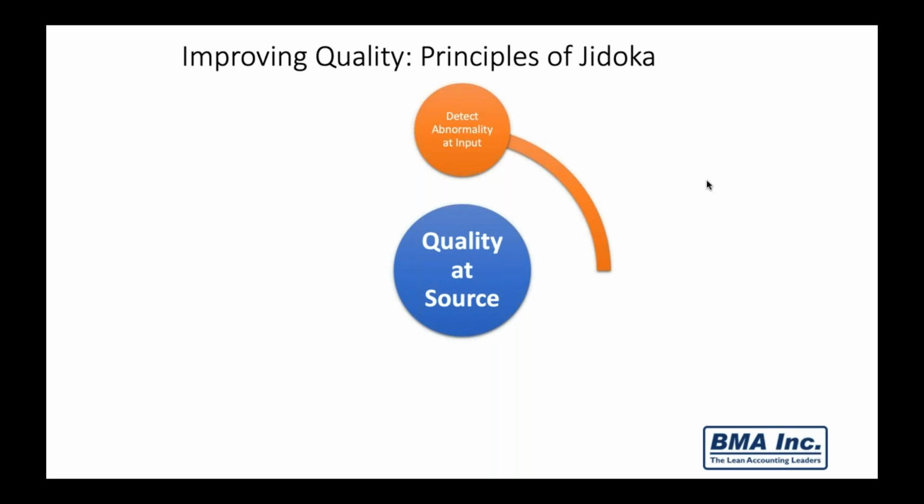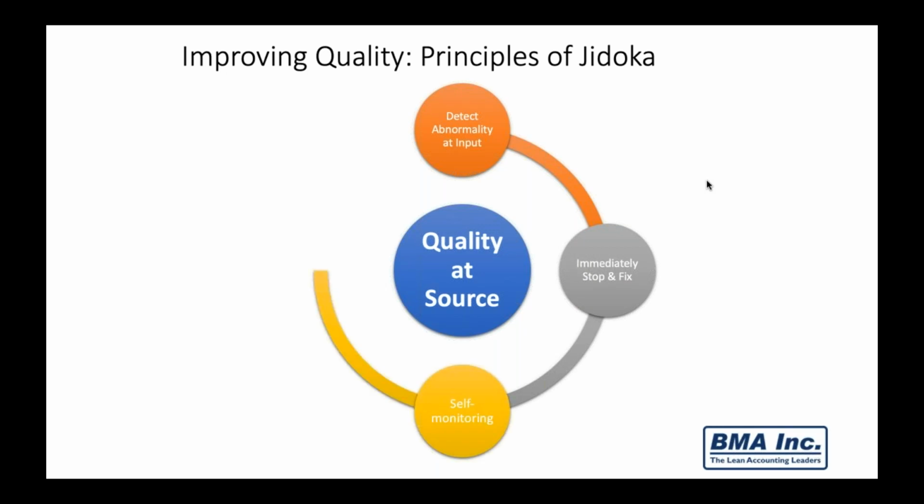We want to detect the defect at the input of the defect, as close to the input as possible. At that point, we want to stop and fix immediately. We want this process to be self-monitoring. And then we also want a very short feedback loop.